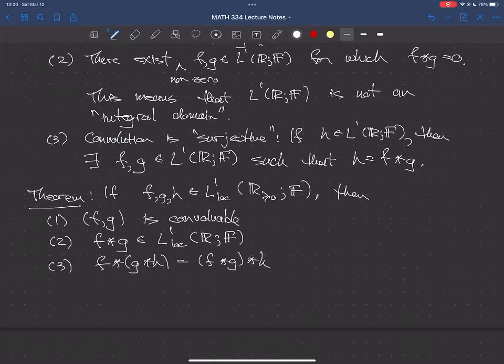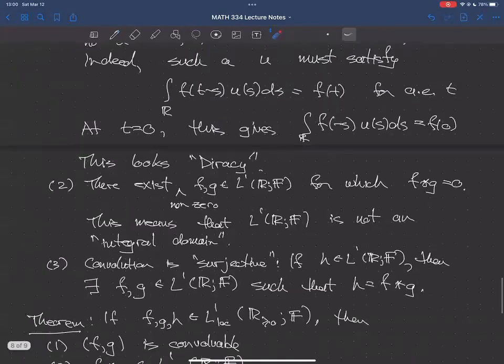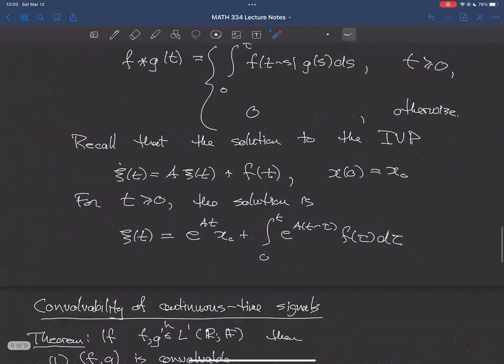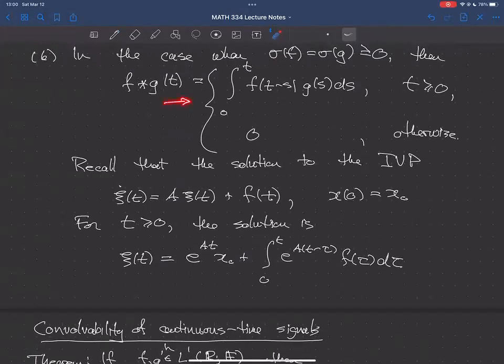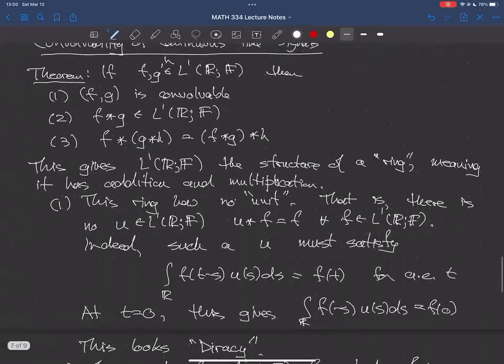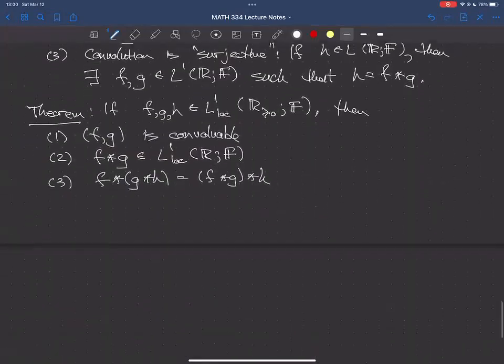Again, these facts are not difficult to prove. You prove them in rather the same way, taking advantage of the fact that the support is bounded like this, which gives you this formula for the convolution. But the idea of the proof is the same as in the L1 case.